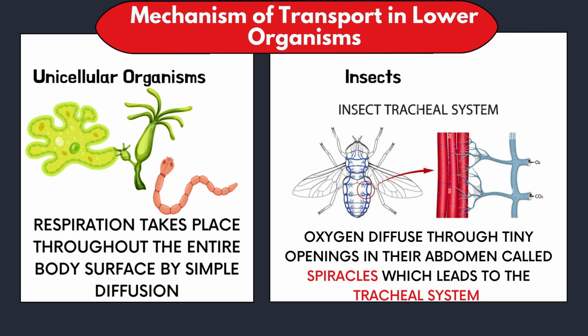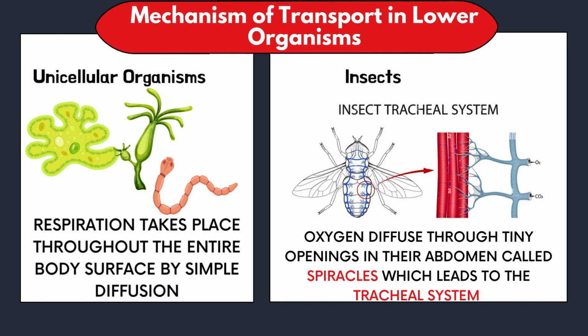During the process of compression and relaxation of the body, oxygen in the air is taken in and dissolves in the body fluid at the end of the tracheoles, from where it enters the various cells. Also, carbon dioxide from the cells diffuses into the body fluid, then into the trachea, and finally comes out of the insect through the spiracles.